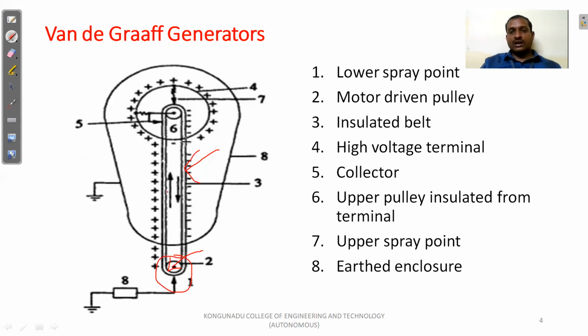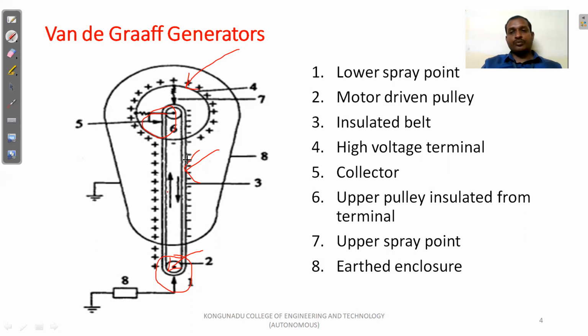The fourth one is called the high voltage terminal. Part 1 is the lower spray point, the low voltage side, and part 4 is the high voltage terminal. Number 5 is called the collector. The positive charges will be collected in the high voltage terminal.